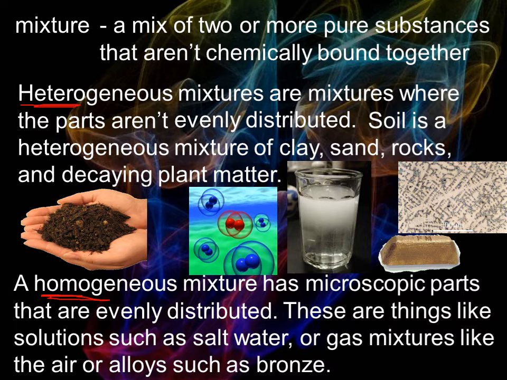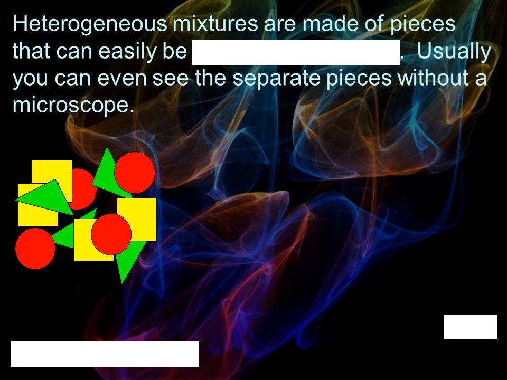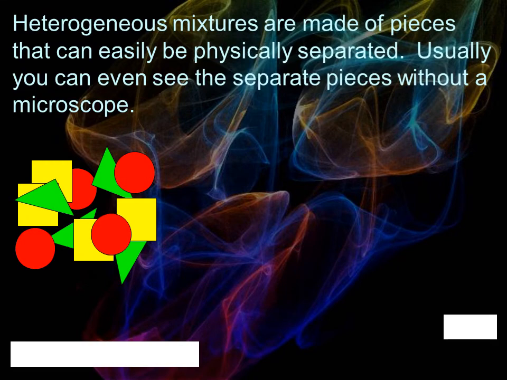So air is a homogeneous mixture. The pieces of it are so small that you can't see them, and they are evenly distributed. So air has different molecules in it, different gases in it, all mixed up, but we can't easily tell them apart. If you dissolved salt in water and you completely dissolved it, this is another example. Heterogeneous mixtures are made of pieces that can be easily physically separated.